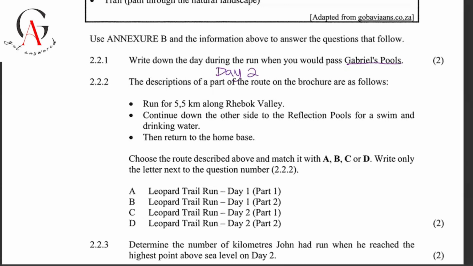The descriptions of a part of the route on the brochure are as follows. Run 5.5 kilometers along the Rubik Valley, then continue down the other side of the reflection pools for swimming and drinking water, then return to the home base.